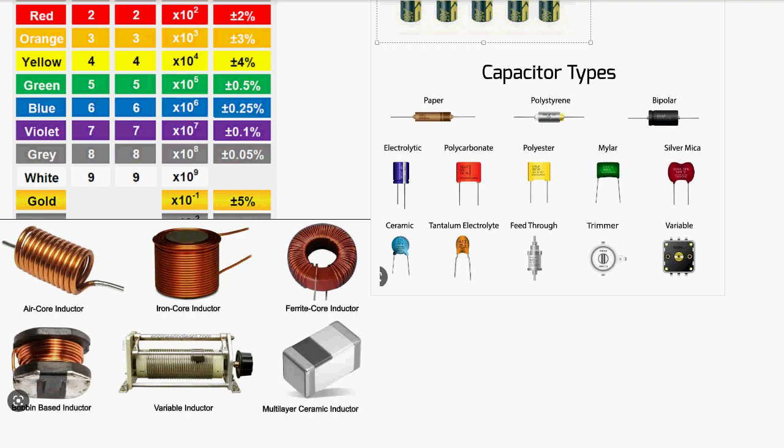So in order to increase the inductance, they put some magnetic material inside. Okay, so these are the basic linear components.